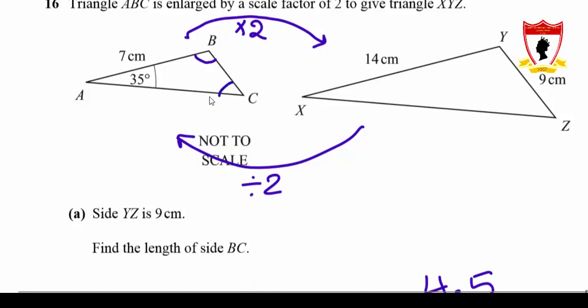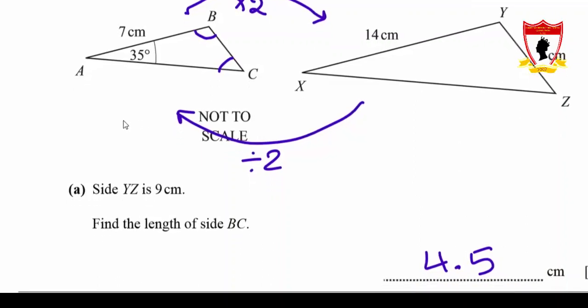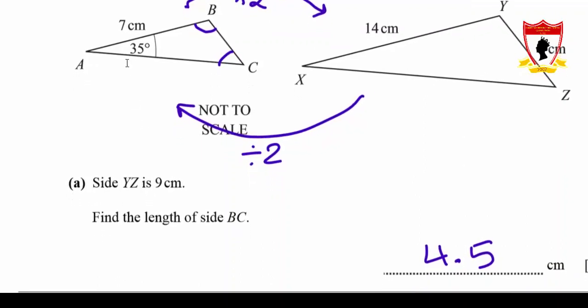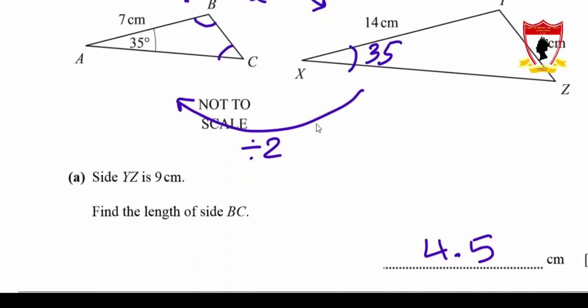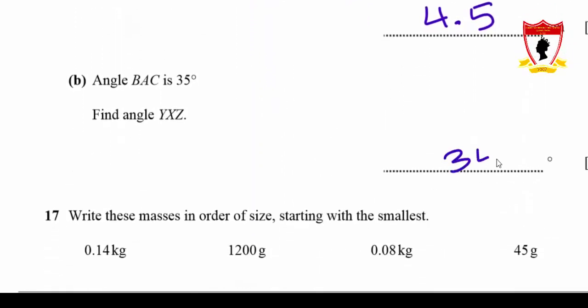If we double them, the angles of the bigger triangle will be more than 180, which is not true. It's something that never happens. The sum of the angles must stay 180. If it's more or less than 180, it means we are not dealing with a triangle. It's something else. Then this angle is 35 degrees. This angle is also 35 degrees. So just write the answer in its place.